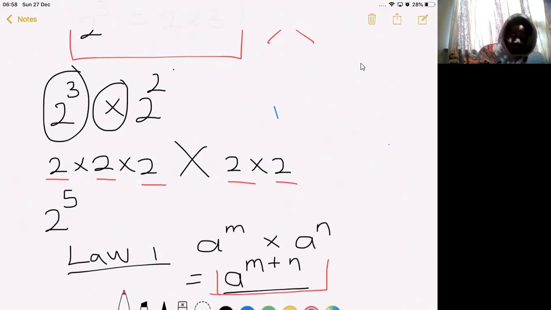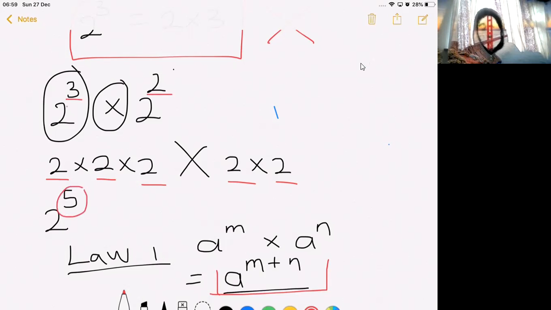As you can see from the example on top, 2 to the power of 3 times 2 to the power of 2 gives 2 to the power of 5, which is the same as 3 plus 2, which gives 5.